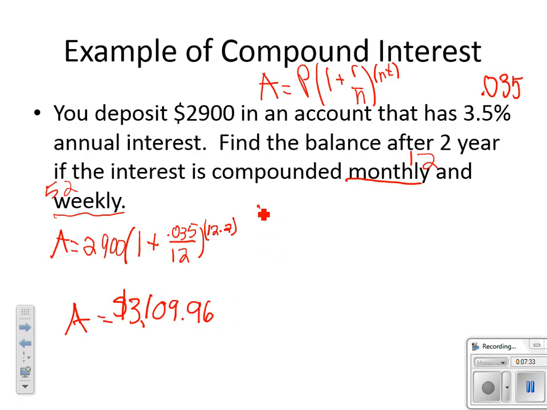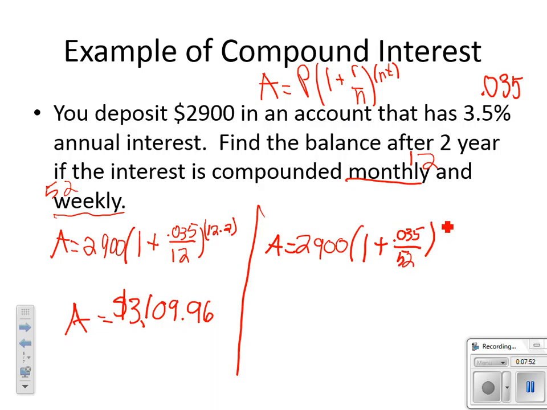Now let's do for weekly. So A equals, our initial amount didn't change, so that's still 2,900, and our rate didn't change, so that's 1 plus 0.035, but we are now doing it weekly, so we're going to divide by 52, and it's all to the 52 times 2.